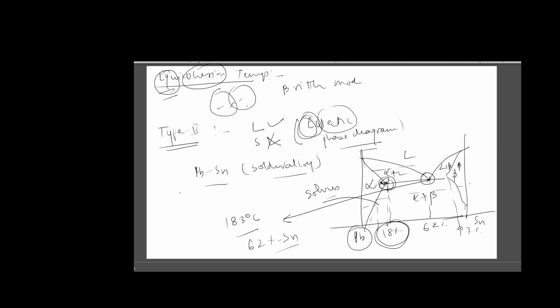Then comes the one-to-one principle. So what is the one-to-one principle? In this, we draw a horizontal line on the phase diagram, one end in one phase, another end in another phase.